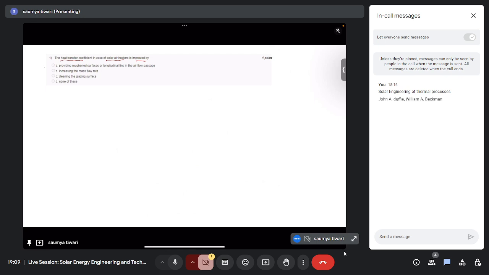Okay, let's see this question: the heat transfer coefficient in case of a solar air heater. So this is your solar air heater.